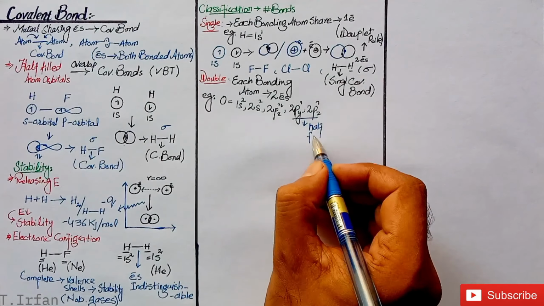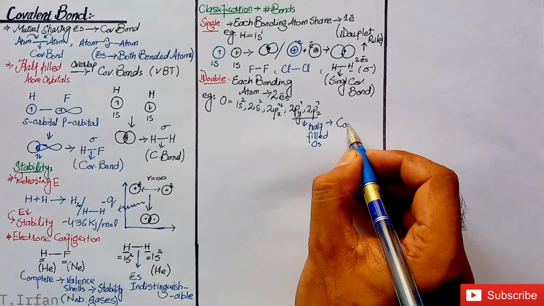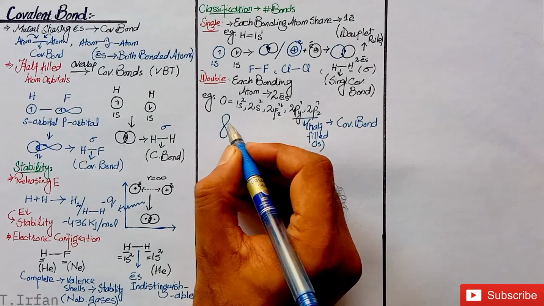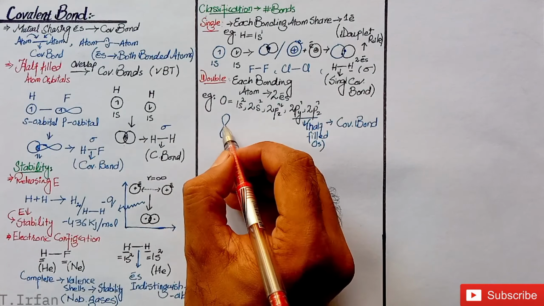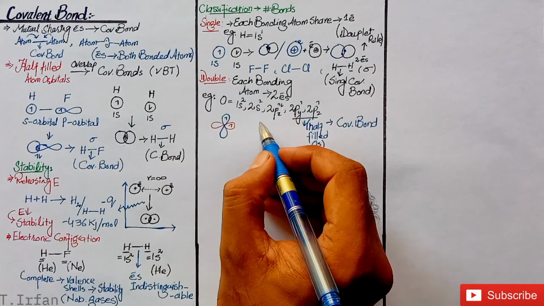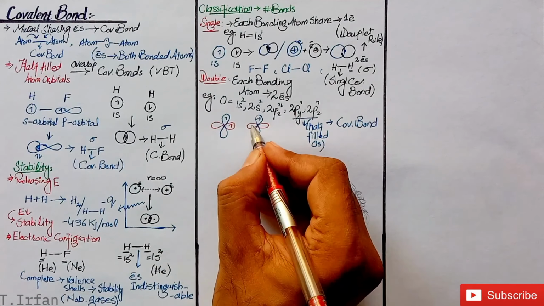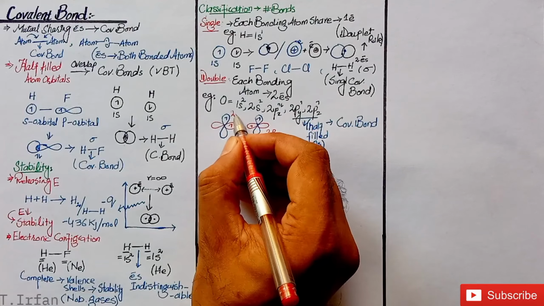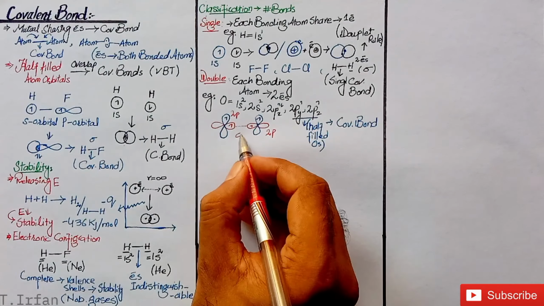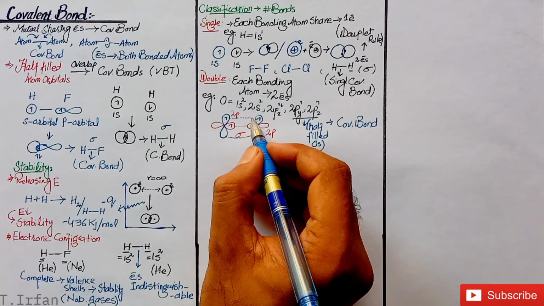These half-filled atomic orbitals overlap with another oxygen atom and form double covalent bond. These are the half-filled atomic orbitals of two oxygen atoms, which are 2py and 2pz. Each has one electron. Here, two orbitals overlap head-to-head and form sigma bond, and the other two overlap side by side and form pi bond.